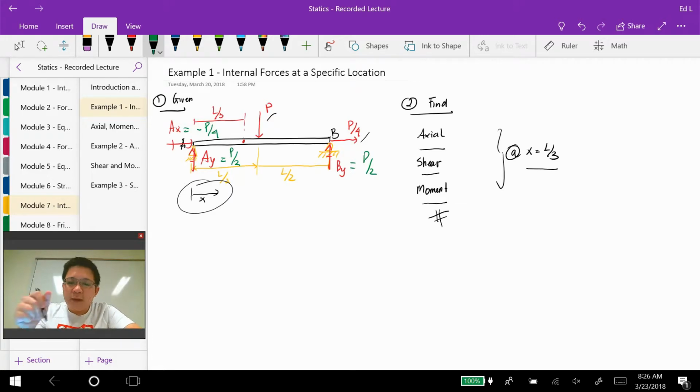To calculate the internal forces at x equal to L over 3, I have to make a cut right at x equal to L over 3, which is the point right here.